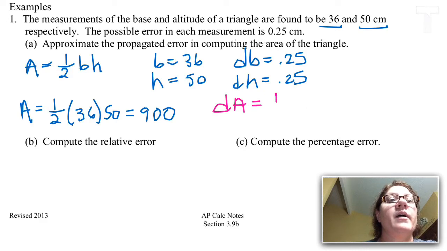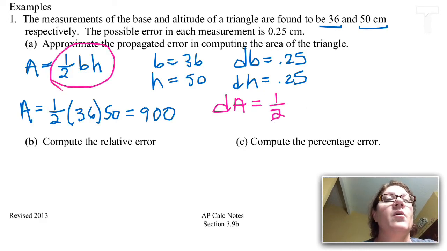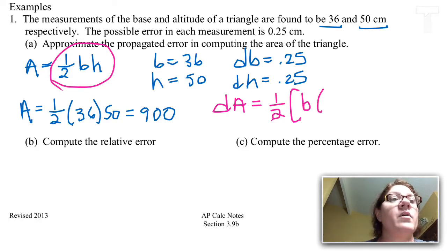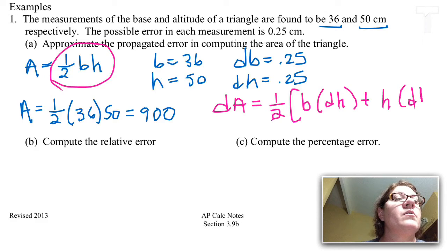And in order to do that, I'd have to take the derivative of this. Oh boy, that's going to be product rule. So it'll be base times the differential for the height plus the height times the differential for the base.